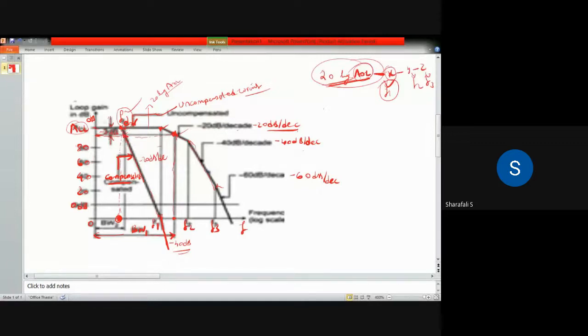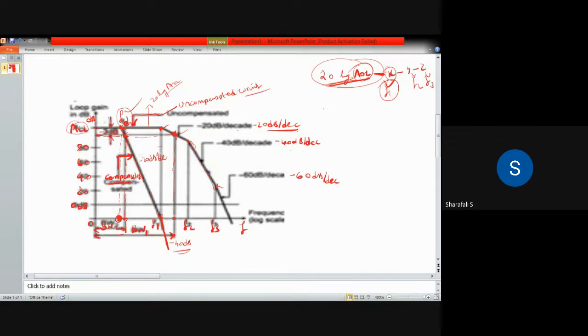So the bandwidth will get reduced here, bandwidth 2. When you have that dominant pole compensation, your bandwidth is reduced as compared to the uncompensated circuit.